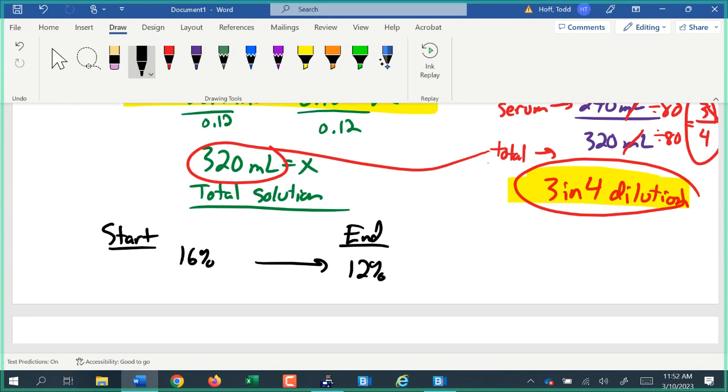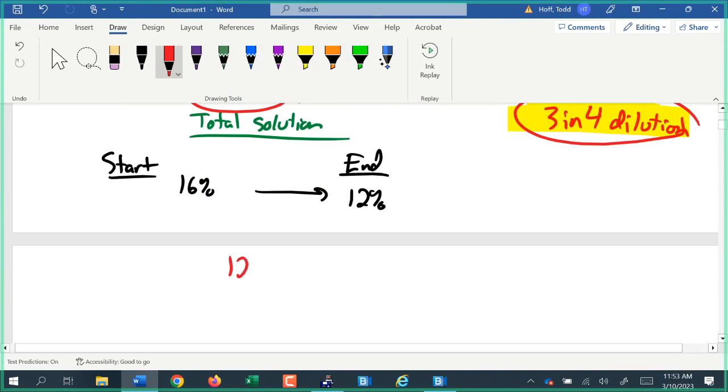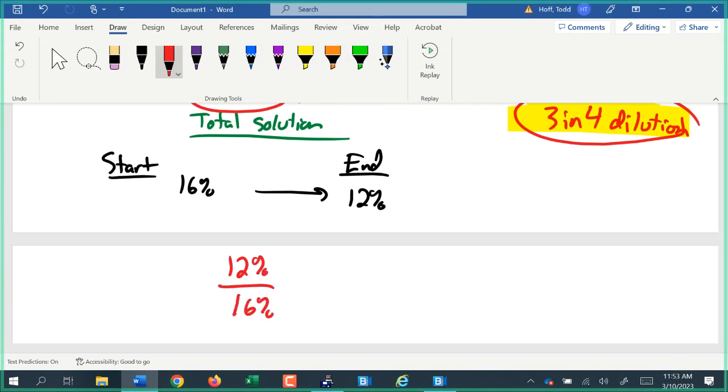If I put those percents in a ratio, with the ending amount, the smaller amount, on top, and the starting amount on bottom. And I reduce that ratio. Of course, the percents cancel out. Both 12 and 16 divided by 4, giving me a 3-to-4 ratio.